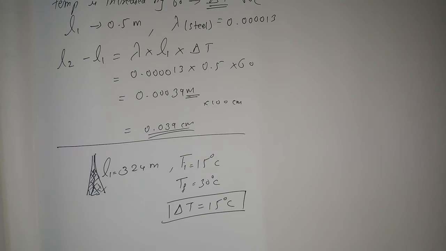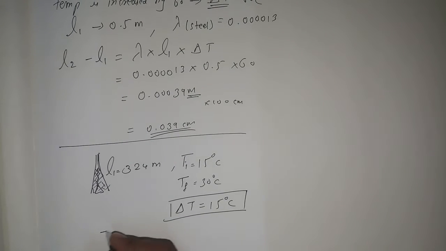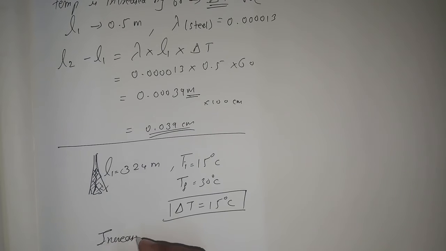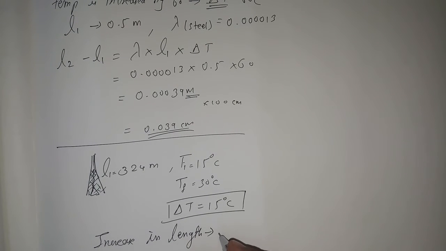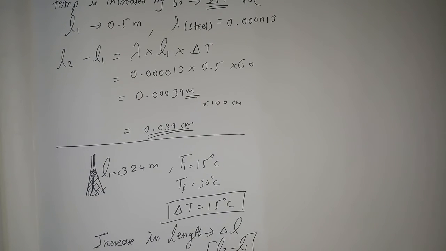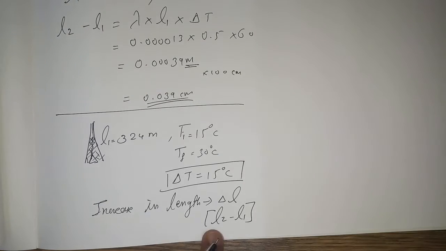And length 1 is already given to you. What is asked is, what will be the increase in length? It means they are asking delta L, means they are asking L2 minus L1, right?